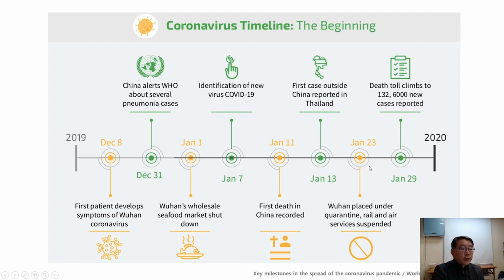On January 23rd, a month after the outbreak started, the Chinese government shut down the whole Wuhan state, and they underwent quarantine and stopped almost everything.